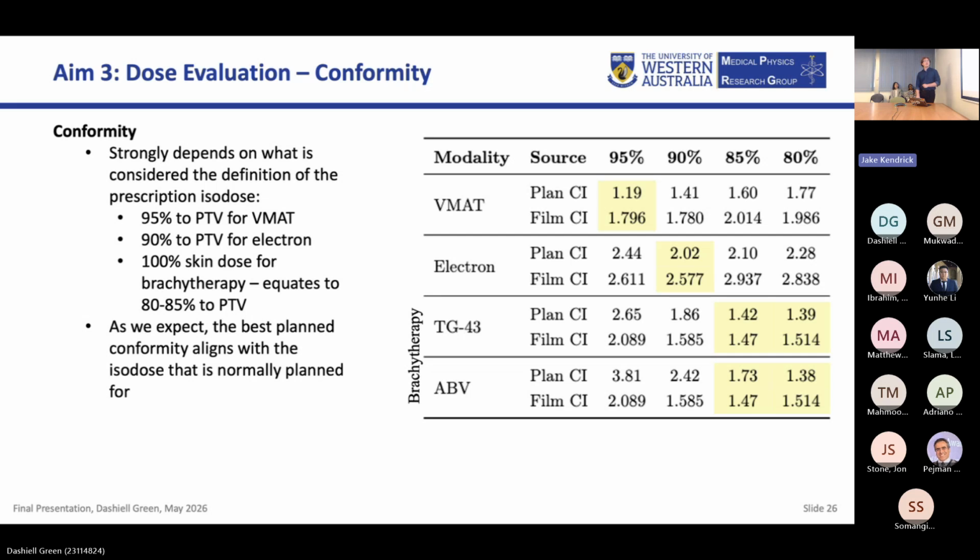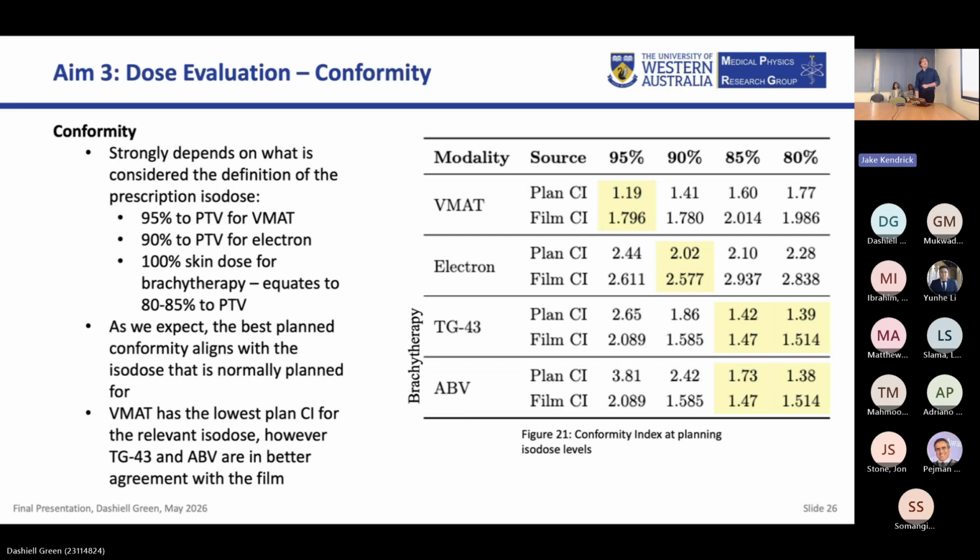And as we expect, the best planned conformity aligns with the isodose that is normally planned for. However, VMAT has the lowest CI for the relevant isodose, but TG43 and Brachyvision are actually in better agreement with the experimental film values as seen over here, suggesting that it correlates better with what's actually being found experimentally.